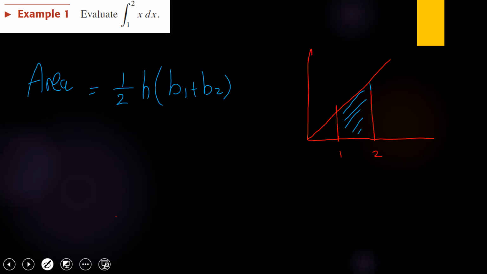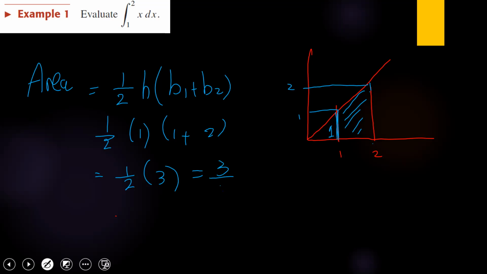This is the base: at 1 it will be 1, at 2 it will be 2. So the first base is 1, the second base is 2, half times the height, 1, so it is half times 3, which is 3 over 2.